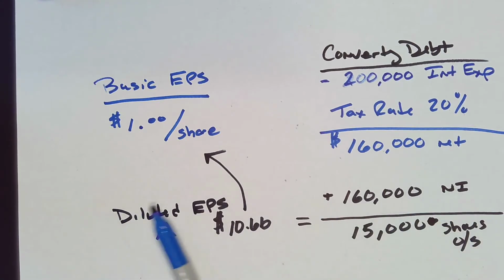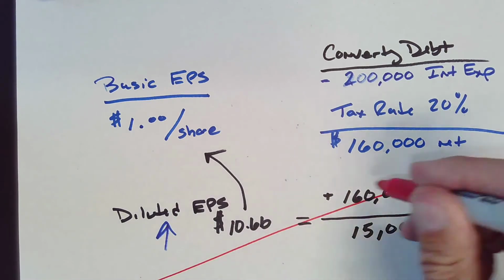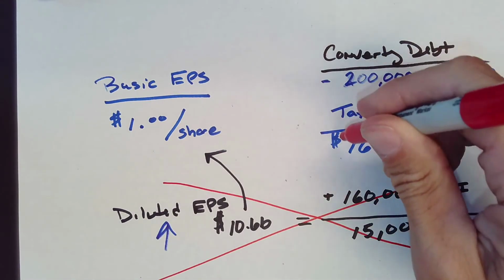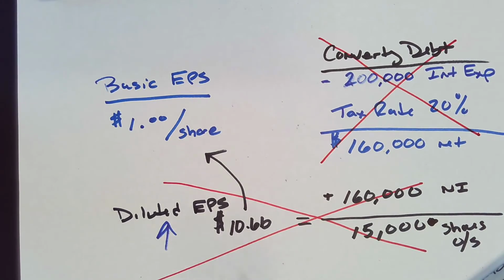So this would not factor into our calculation of diluted earnings per share. We would completely ignore this conversion. We wouldn't convert this debt because it's increasing our basic earnings per share.